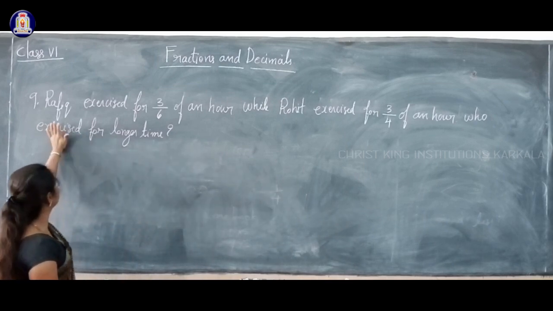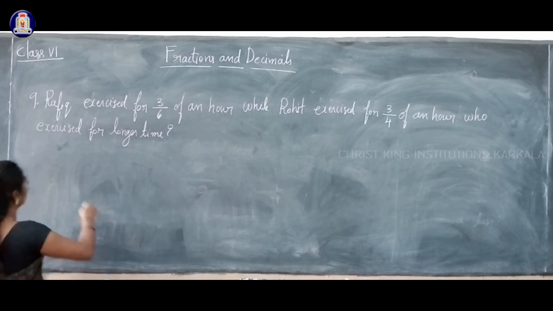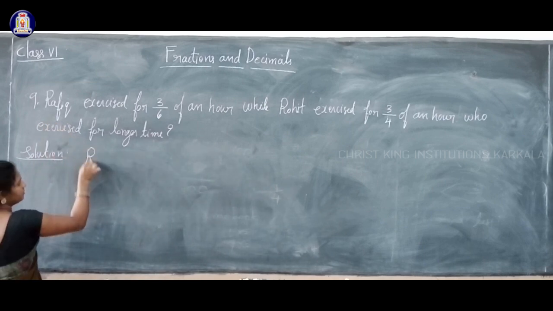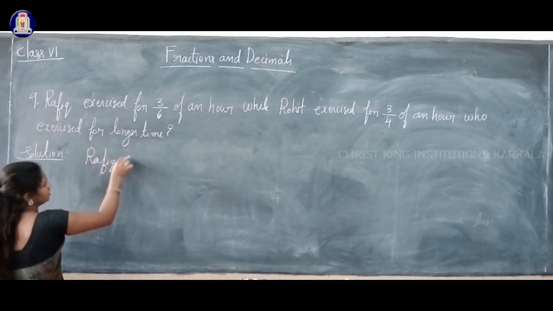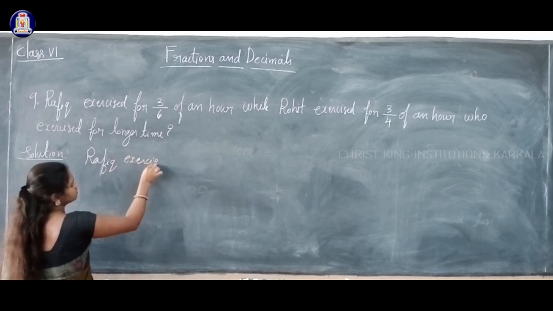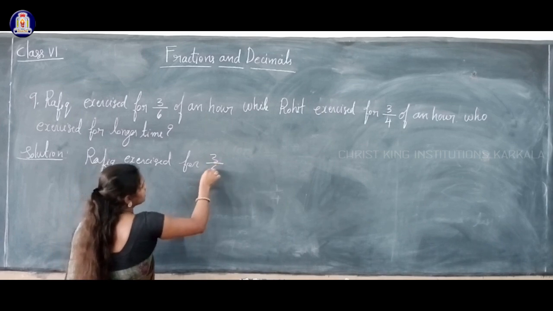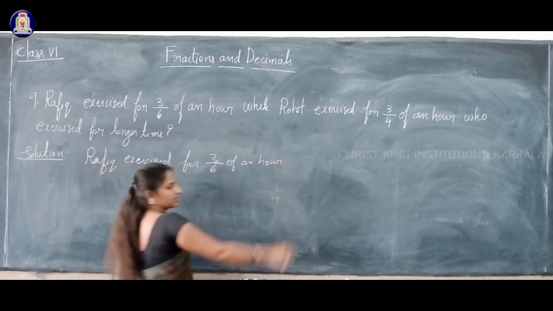First you write the given. What is given in the question? Rafiq exercised for 3 by 6 of an hour.